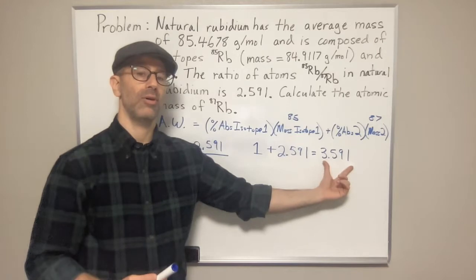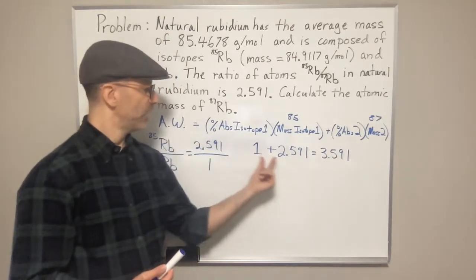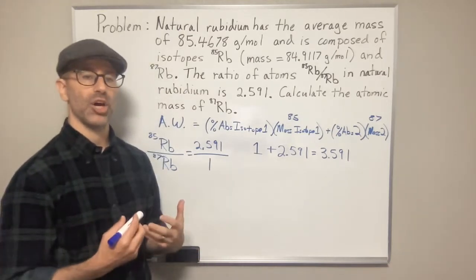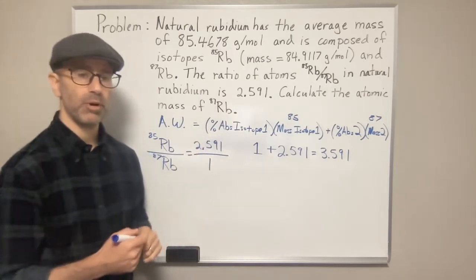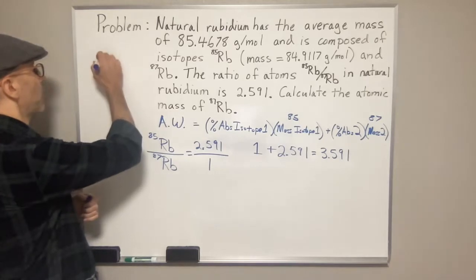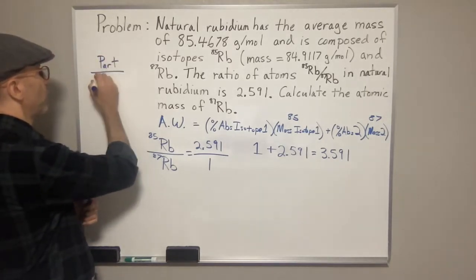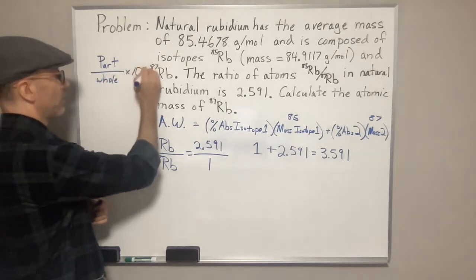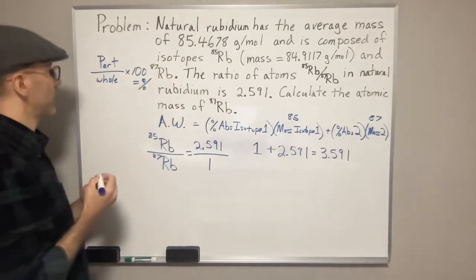So now I have a total, I have each a part, and now I can write a ratio with the part related to the whole. And if you remember from percentages, you need a part divided by a whole multiplied by 100. That'll give you percentage.